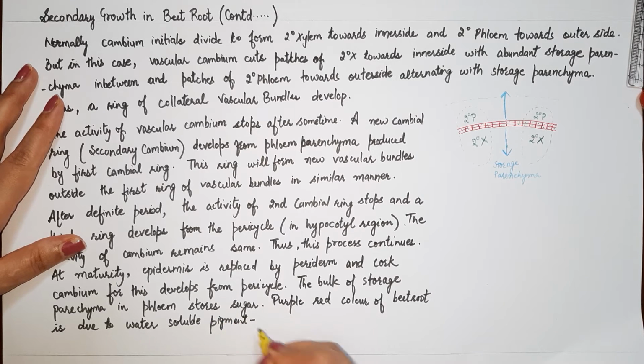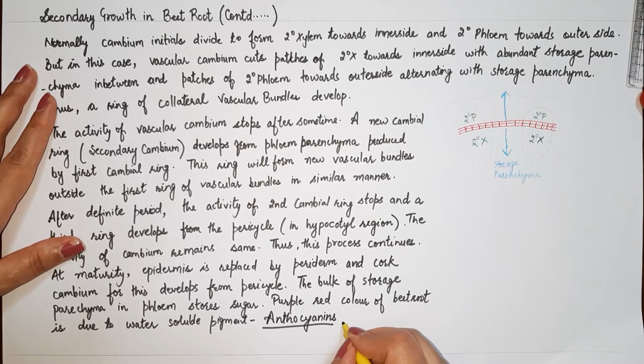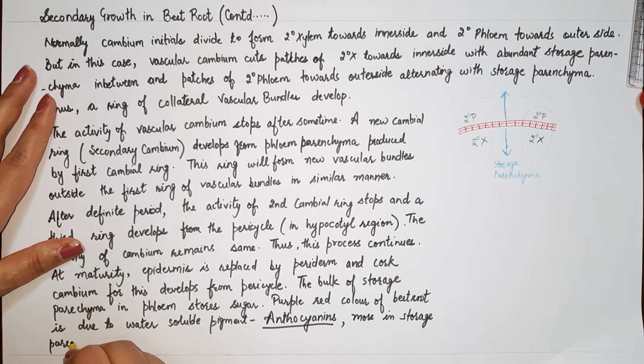What are those pigments? Anthocyanins. The color is because of the pigments anthocyanins, more in storage parenchyma and less in vascular bundles.